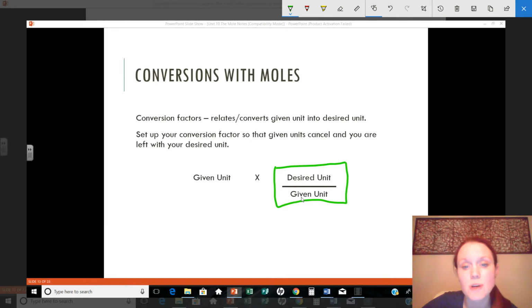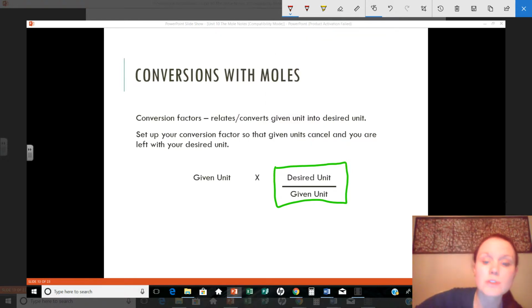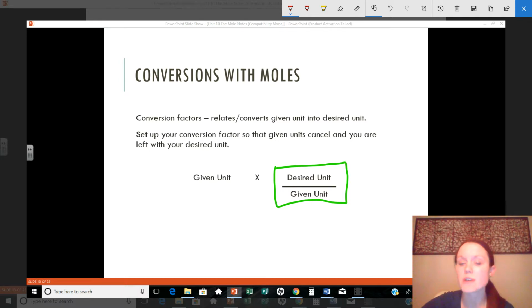The reason you put your given unit in the denominator is that when you multiply across the top and across the bottom, if you have the same unit in the numerator as in the denominator, they cancel out. So those given units end up canceling, leaving you at the end of your calculation with your desired unit. That's one reason we set up conversion factors with the desired unit on top and the given unit on the bottom.